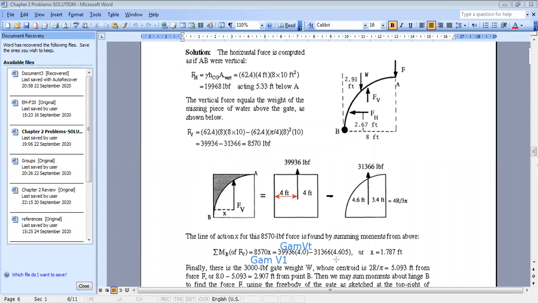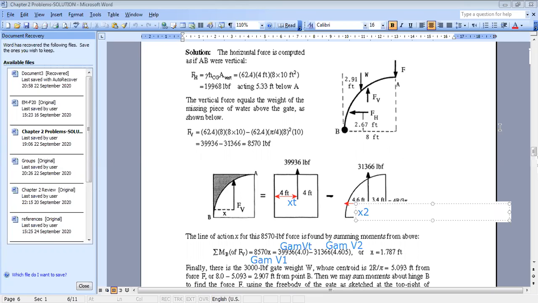Minus this part, which is due to the weight of the water in the quarter of circle. So this is minus gamma times V2, times the distance from here to here. This is X2. So this is X total and this is X2.